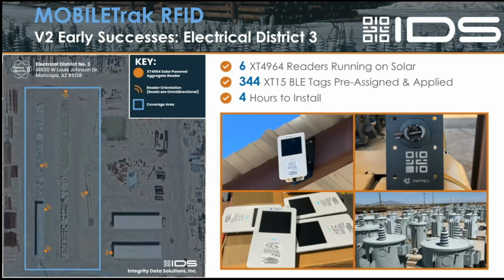We're able to capture all of those reads in real time at intervals up to 15 minutes. We're capturing that information every 15 minutes, then displaying that on our application, giving them their variances. So if somebody comes in and grabs one of those, we're going to notice it within 15 minutes.